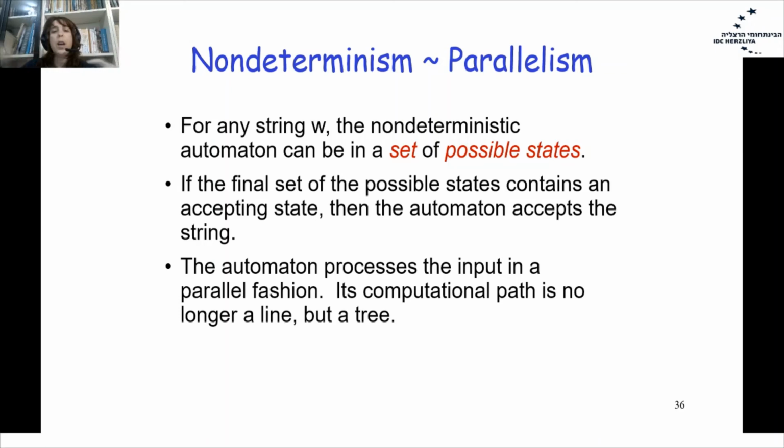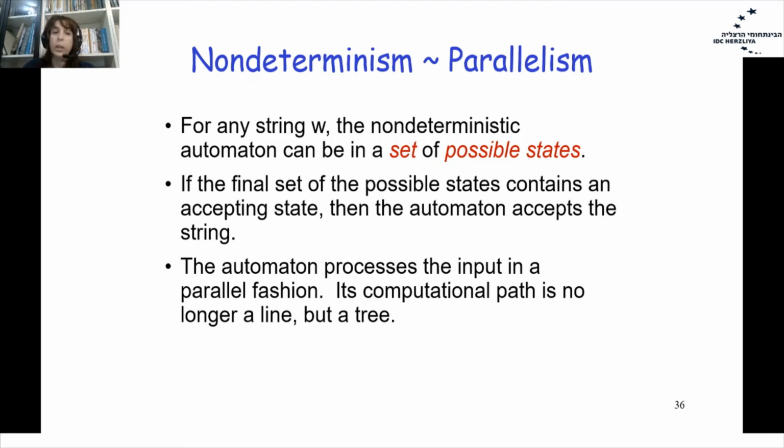If we check all the paths in parallel and we don't have an accepting state, then we reject the word. So basically, instead of moving from one state to another state, we now continue to move in parallel, and that is why we have a tree and not a single path.